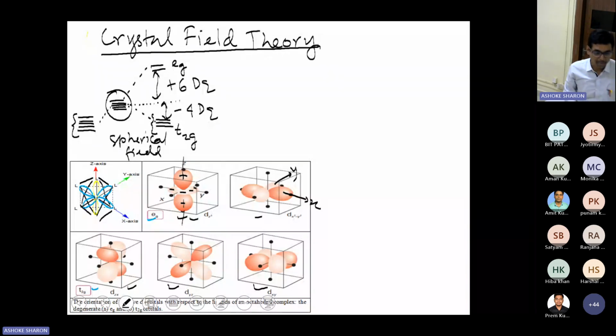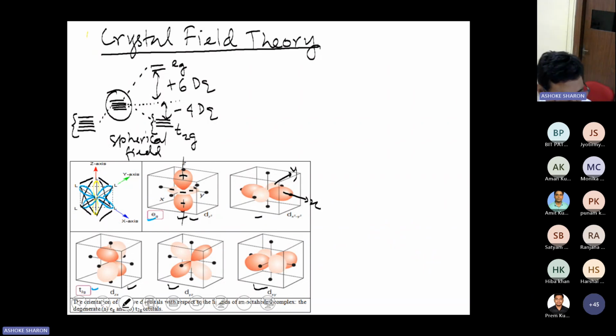But you will have to maintain the barycenter. That's why the other three orbitals, which are non-participating in the bond formation in this way, are stabilized by a certain amount of energy, that is -4 Dq for each orbital. So this is the very simple case of octahedral geometry. Now, this sample has been shown for the octahedral geometry.